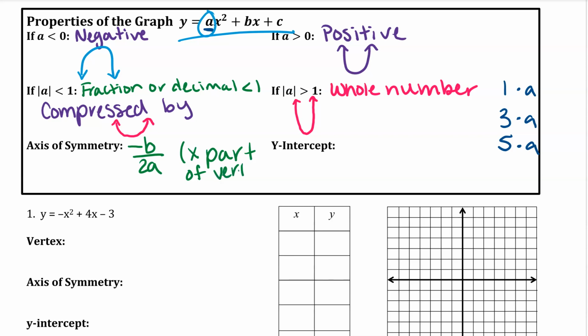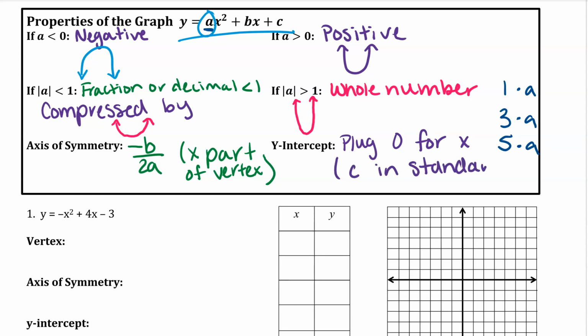So the x part of the vertex is your negative b over 2a. Then if you want to find the y-intercept, you would plug in 0 where all the x's are. Plug in 0, which really just means it's going to be c if it's in standard form. So plug in 0 for x. And then I'm going to put c in standard form because some of these are already in standard form.